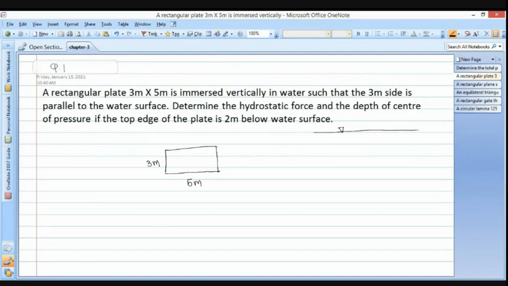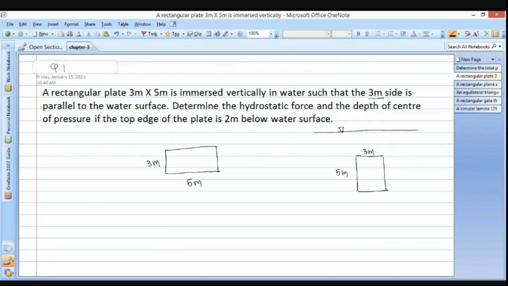Then it says that the 3 meter side is parallel to the water surface, and the 5 meter side lies over here. So it is located like this. This is the 5 meter side, which is acting as a depth, and this is the width.